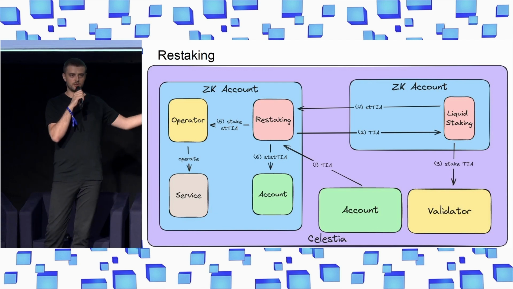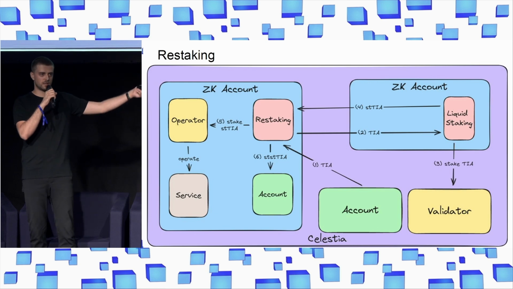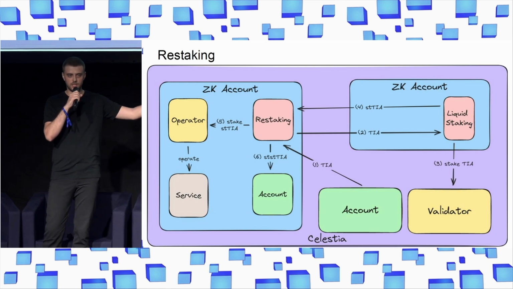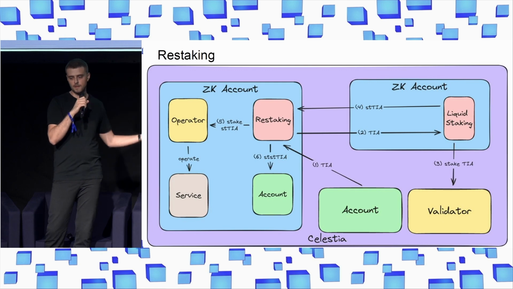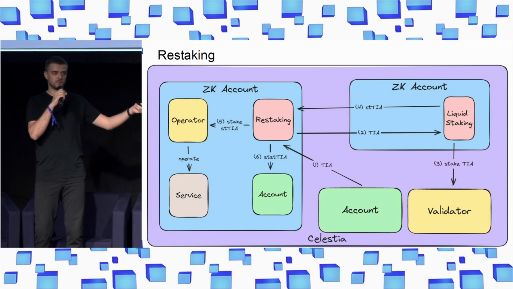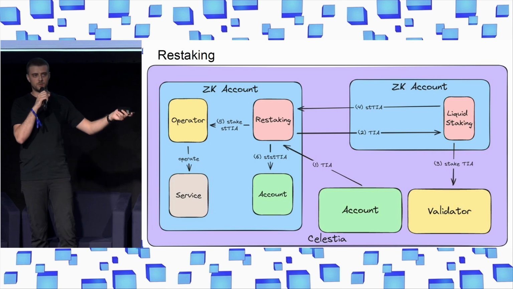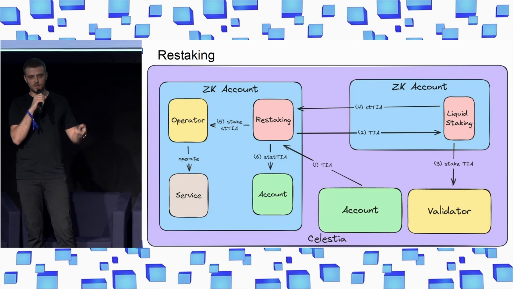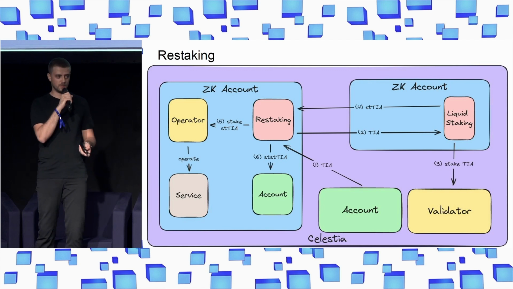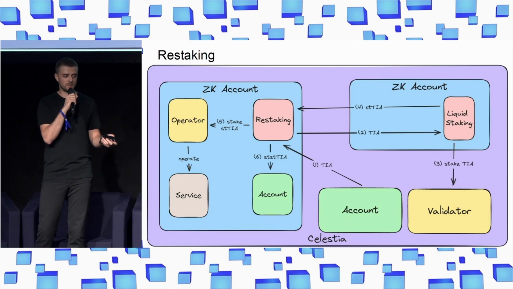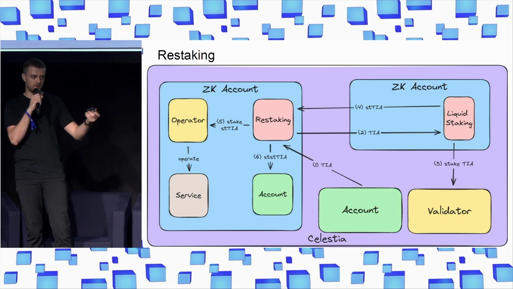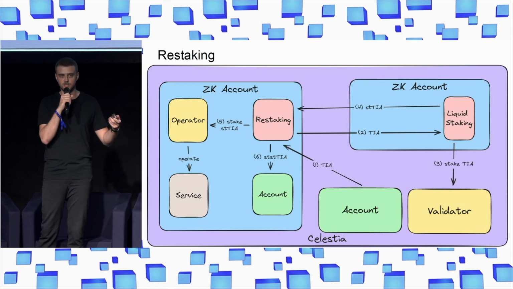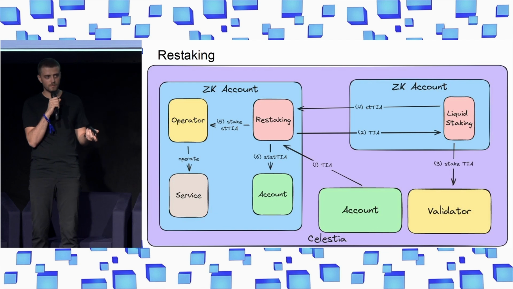You put into your staking module, that communicates with the liquid staking, it stakes, it goes back, the receipts flow, and in the end you would get the staked TIA, some representation of the LRT, and you can loop that as many times as allows you to do. I'm not saying that you should do this, but you can do it at least in a trust minimized way.